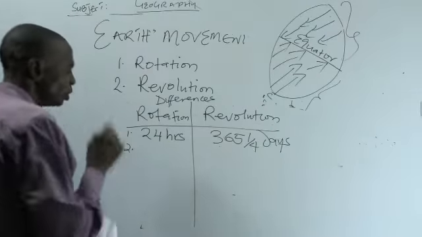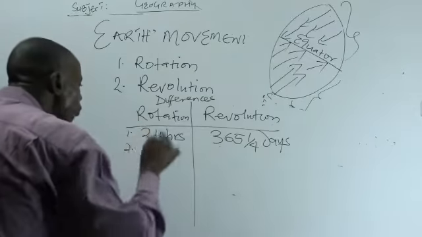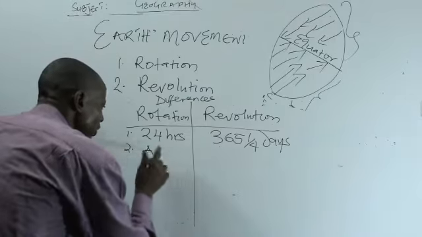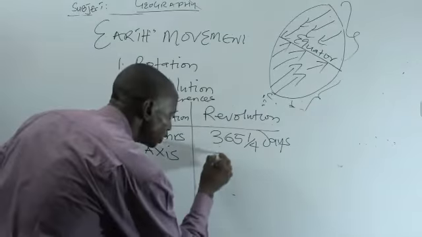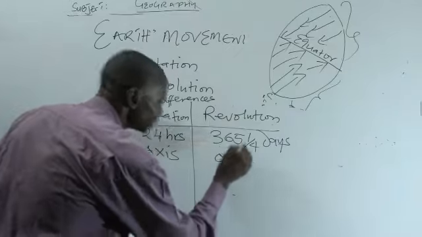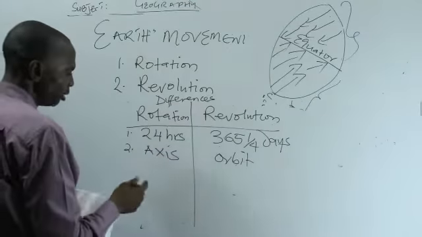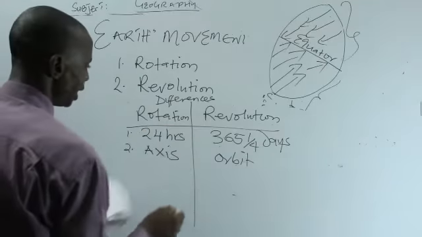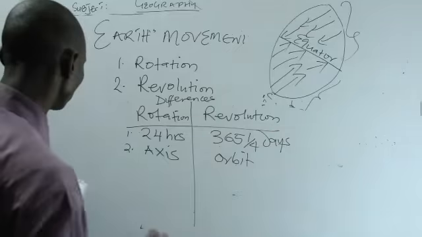Then you come here: this one moves on its axis, while this one moves on its orbit. So you see how they go hand in hand. But if you take this one as number one and come here and take this one as number two, you put yourself in confusion.